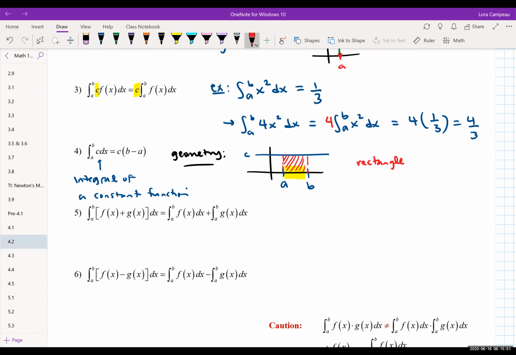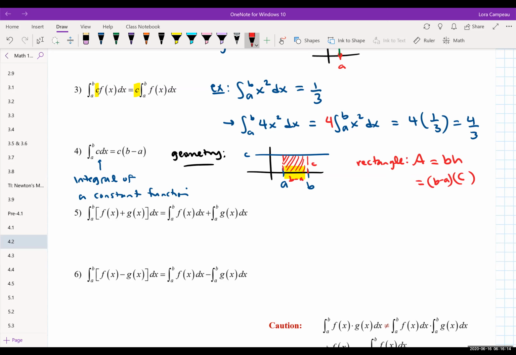If you relate this back, let me talk about area. Remember, area is base times height, length times width. Our height is c, and our base is the yellow portion from A to B, where the distance is b minus a.